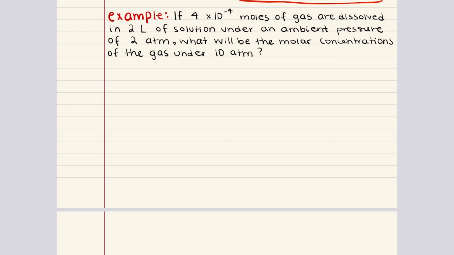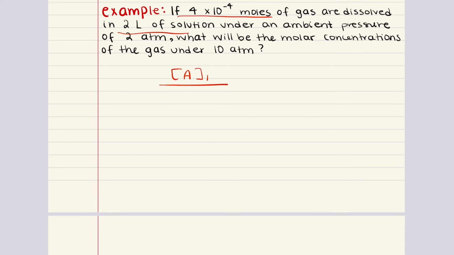Now, what we have here is some initial pressure and some final pressure. We're also given just enough information to calculate the initial concentration of this gas. And that means that we can go ahead and use the following expression to figure out what the final molar concentration of this gas is going to be after the pressure is changed from 2 atmosphere to 10 atmosphere.